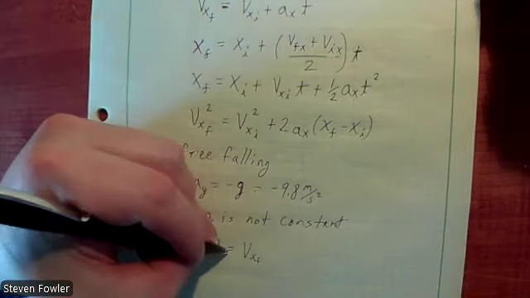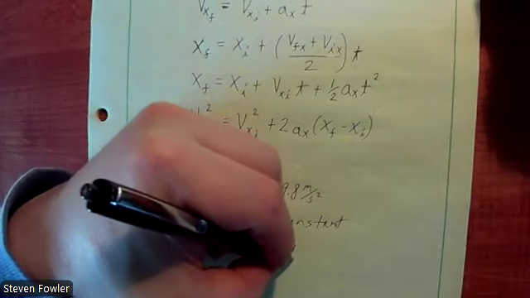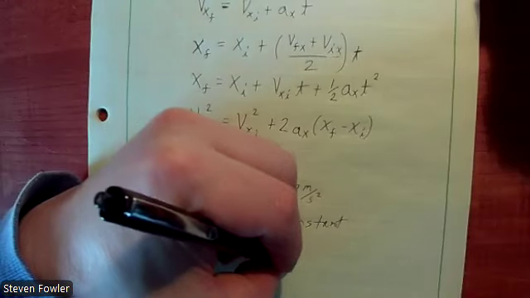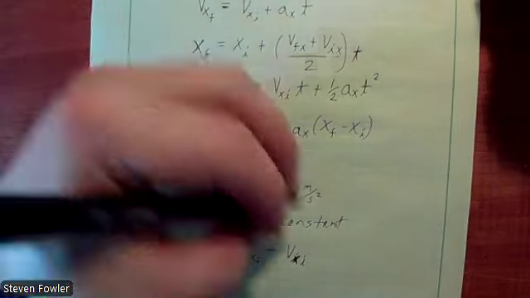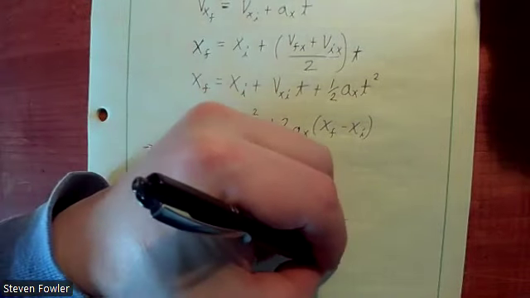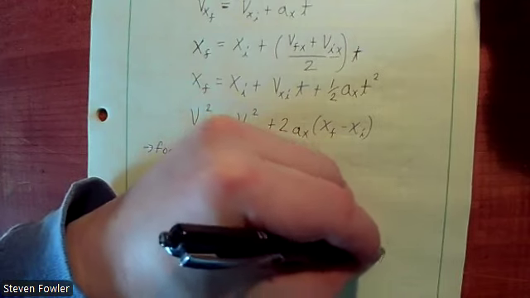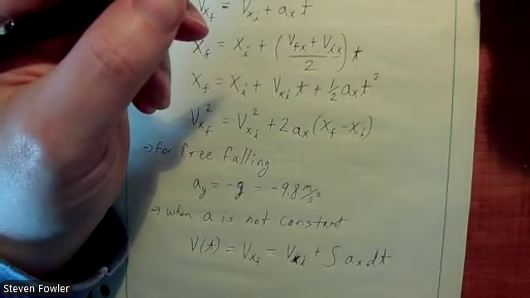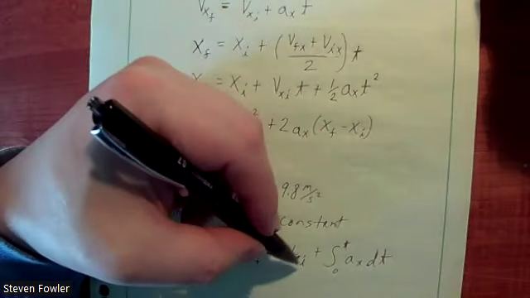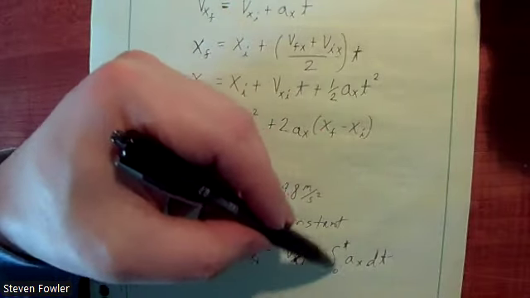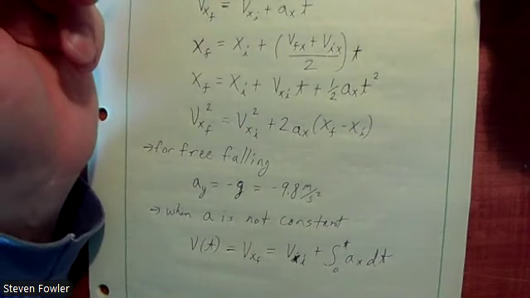Vx final is going to equal vx initial plus the integral of the acceleration with respect to time. So if acceleration is some function of time, I just need to integrate acceleration. Again, I'm not going to worry about the constant here. This serves as my constant of integration, but if I integrate from 0 to t, then I don't have a constant here. This basically serves as the constant there.